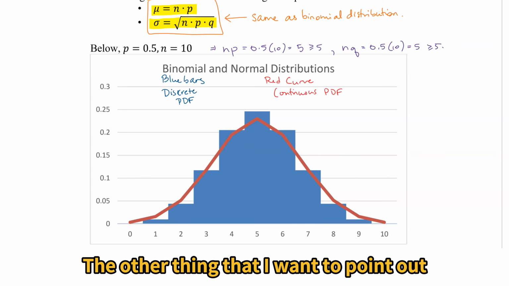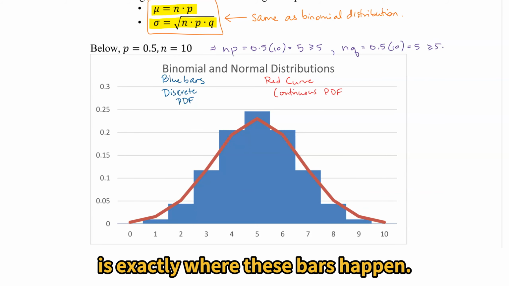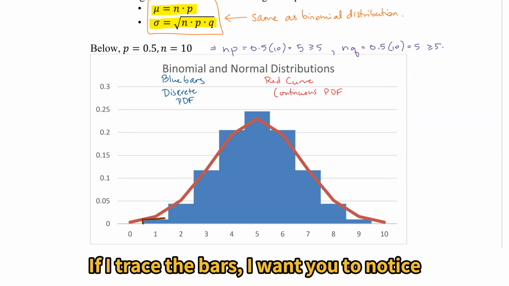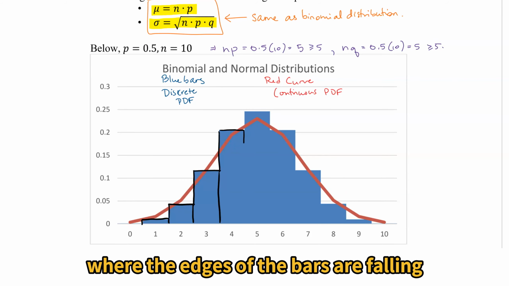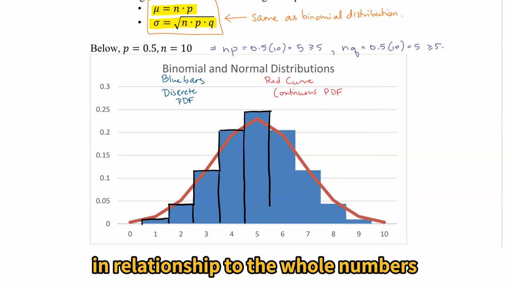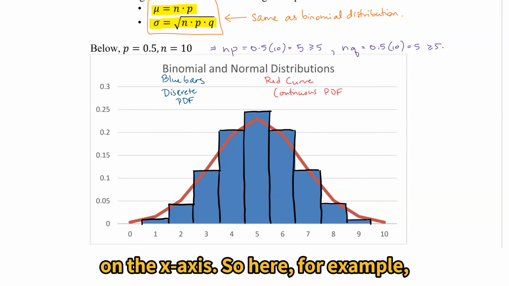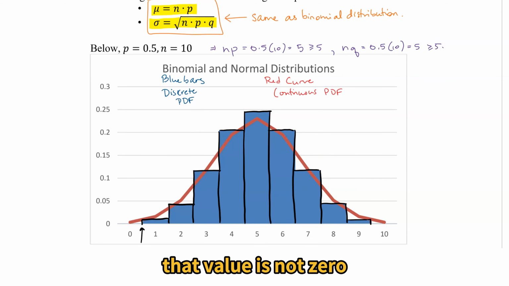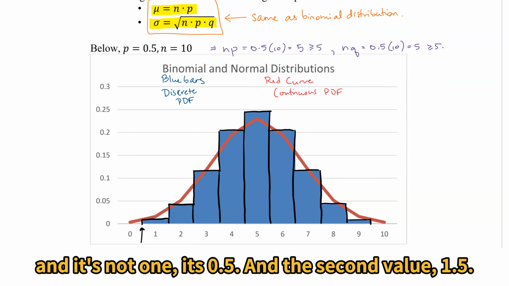The other thing that I want to point out is exactly where these bars happen. If I trace the bars, I want you to notice where the edges of the bars are falling in relationship to the whole numbers on the x-axis. So here, for example, that value is not 0 and it's not 1, it's 0.5. And the second value, 1.5.